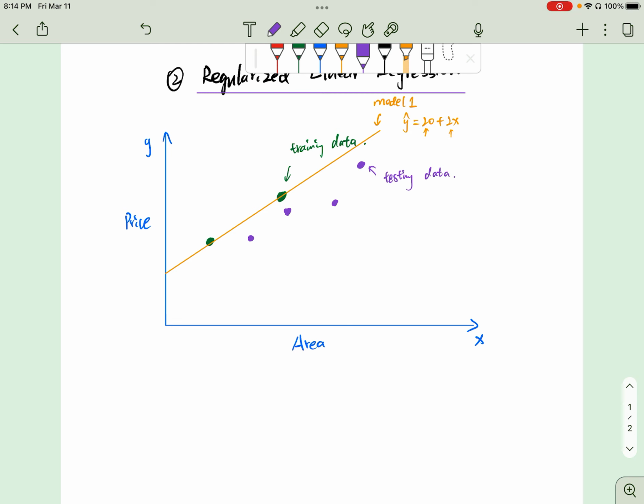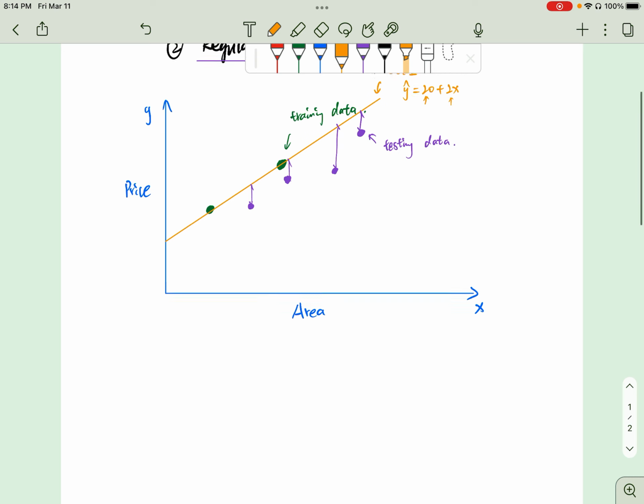When you apply it on the testing data and calculate the error, you will have a very large testing error here. You calculate this distance, take the square, and make a summation. You will find that the testing error is very high.